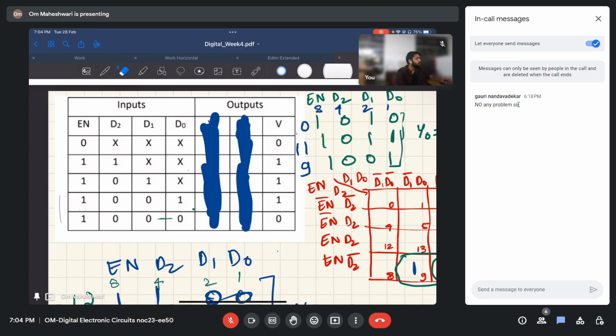Are you able to follow? Or should I wait or should I move ahead? What do you say? Are you trying this problem? Okay, so since you guys are totally silent, I'll just move ahead.